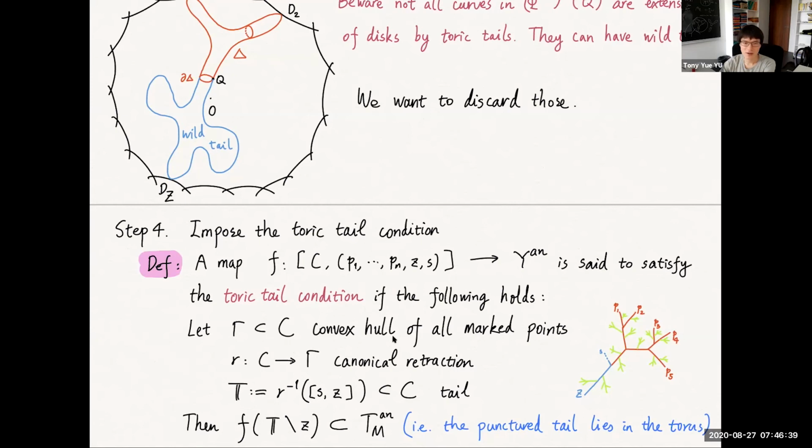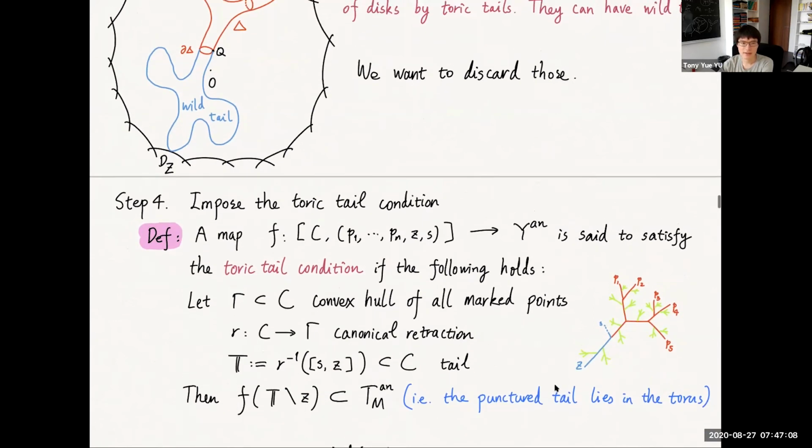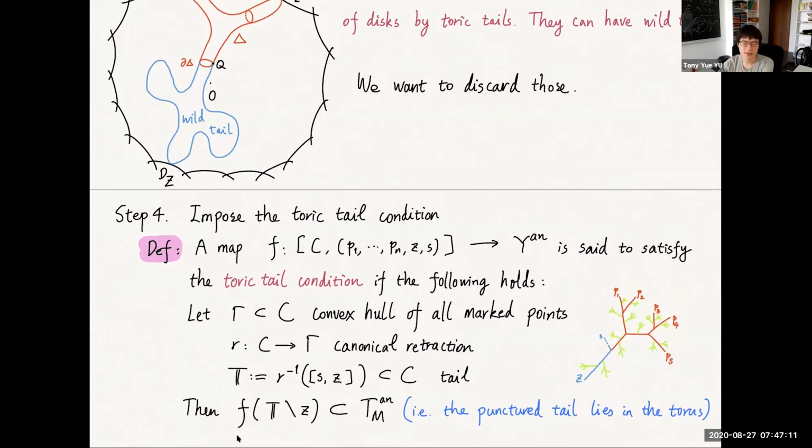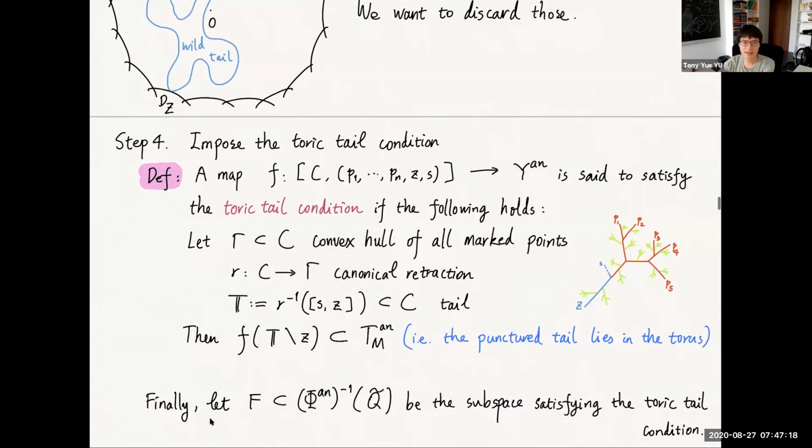We can take its convex hull, which we denote by gamma, which is a finite subtree. And we have a canonical retraction R from the infinite tree C to the finite subtree gamma. Then the tail T is the preimage by R of the path connecting S and Z. This is our tail, and the tail condition is simply that we want the punctured tail to lie in the torus. And finally, we let F be the subspace in the preimage satisfying the toric tail condition.